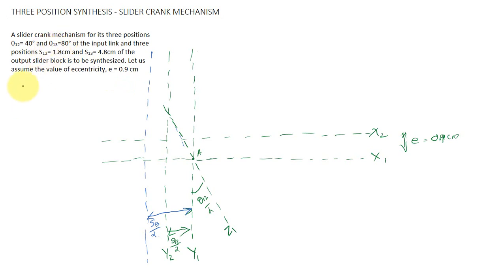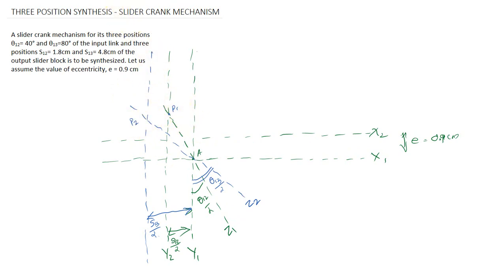The next angular position is theta 13 is equal to 80 degree, so you have to mark theta 13 by 2. So this angle is theta 13 by 2. So here you have got 2 points, which are P1 and P2, on lines z1 and z2.